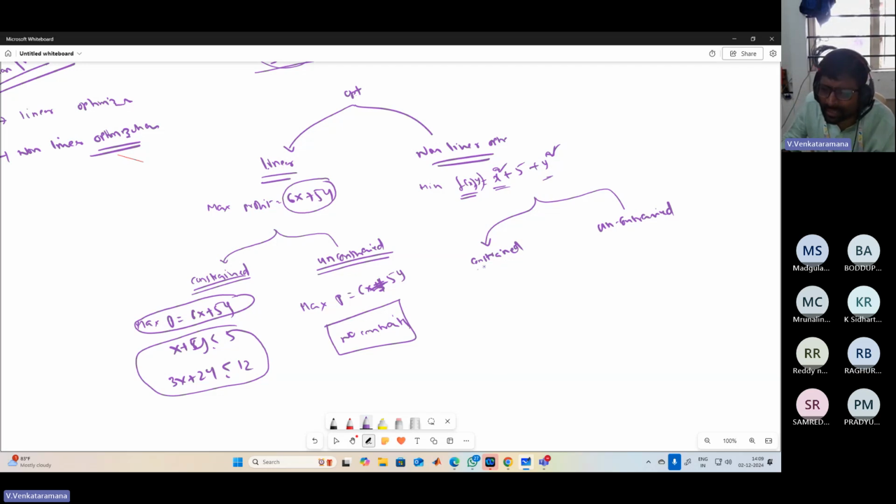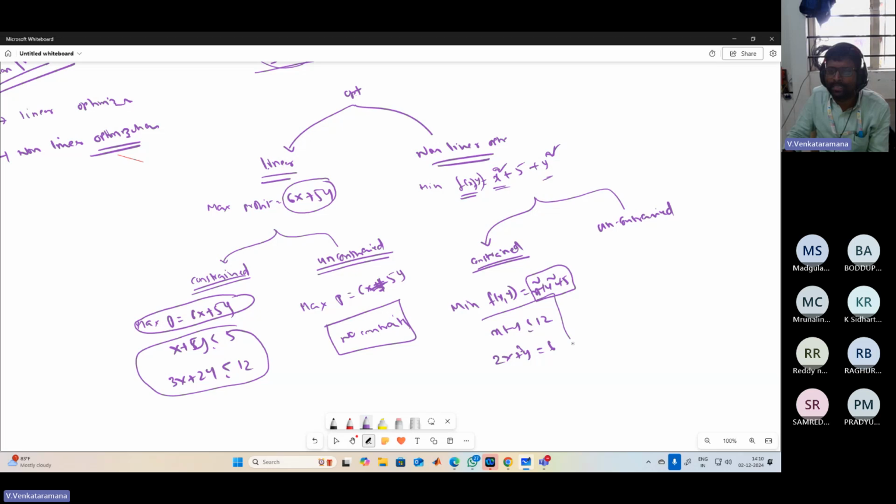In the constrained case, same as what we discussed in the linear case, you have the objective function like f of x comma y equal to x square plus y square plus 5, and also you have some inequality or equality constraints. So in your constrained nonlinear optimization problem, your objective function should be a nonlinear function of your decision variables x and y, and also you must have some equality or inequality constraints.